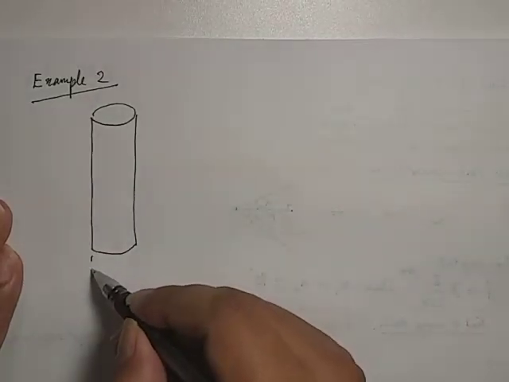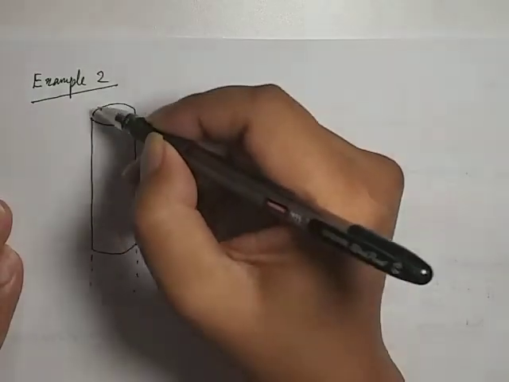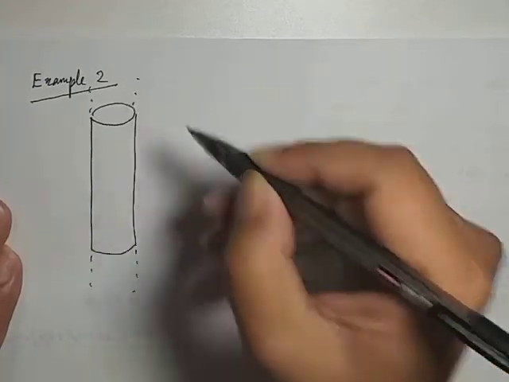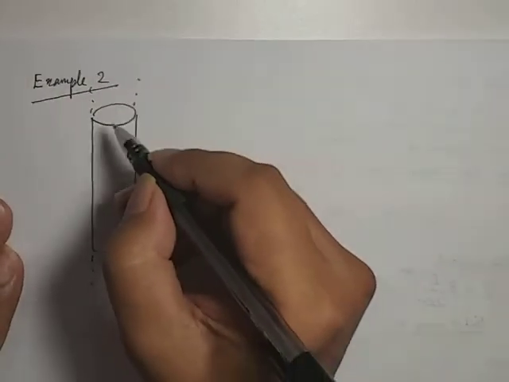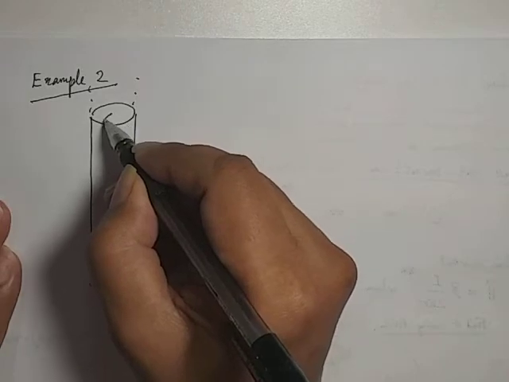Since this is part of an infinite line current, I'm going to draw a dotted line. Now let's give the structure dimensions.